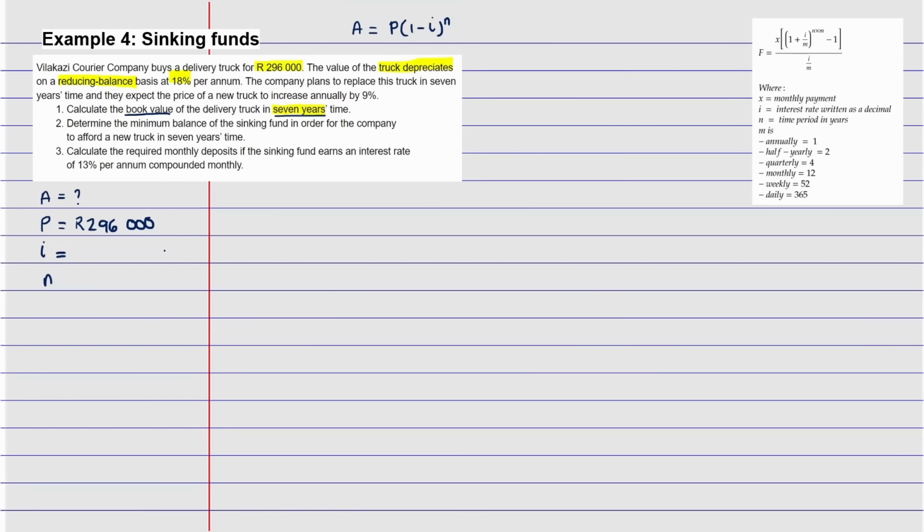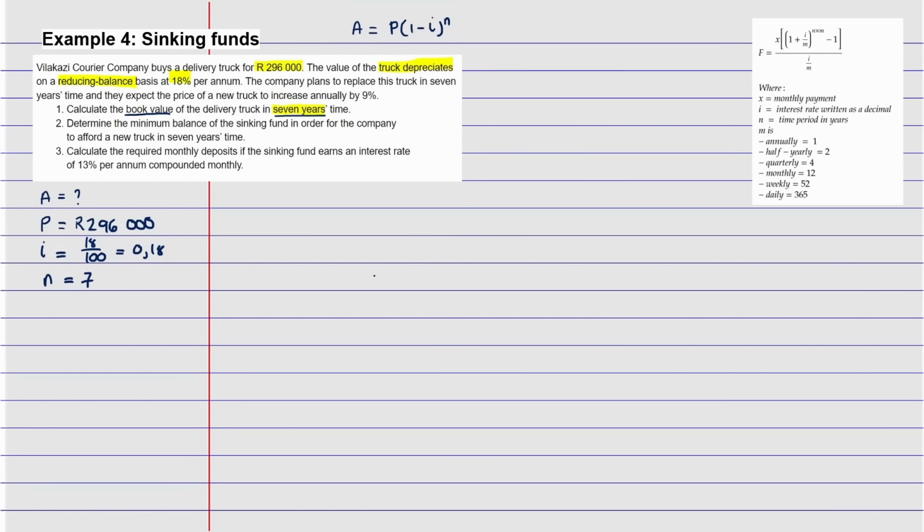I is the interest rate of the reducing balance, which is 18%, the same as 18 divided by 100, which gives us 0.18. Then N is 7, since we want the value of the truck in 7 years' time. So that's the information that we have so far.